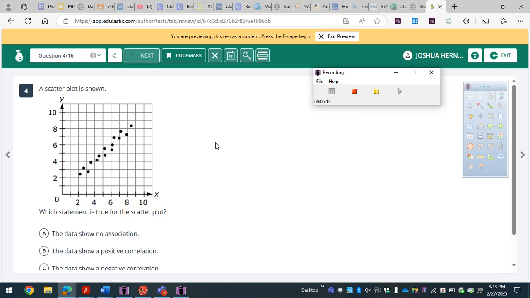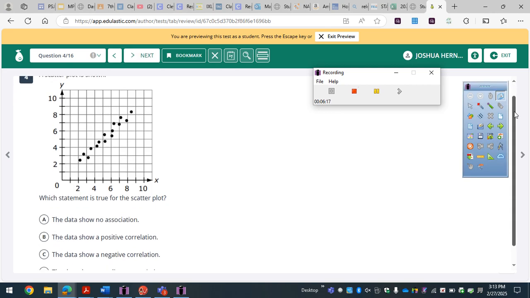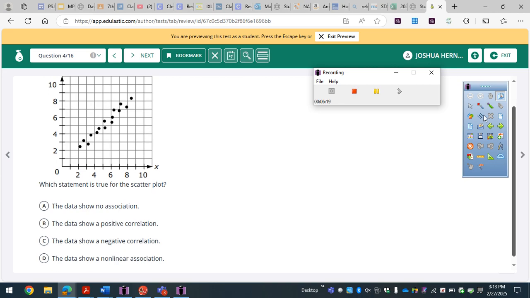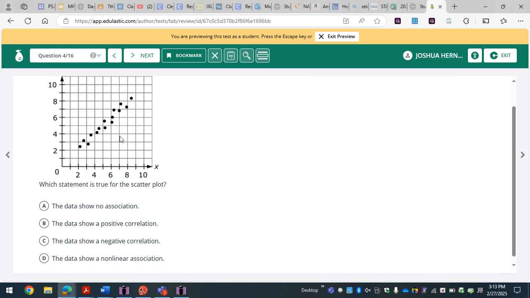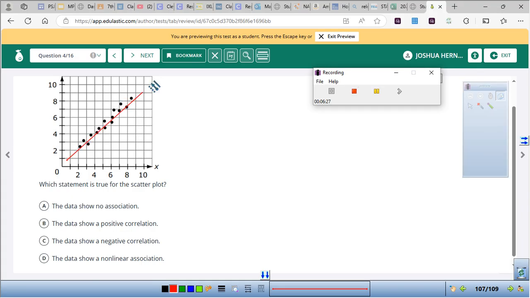Next question. Okay, this one right here. It's going to be this data, right? Scatter plot. It's acting like a line that goes like this, roughly like that. And it looks like no association. No, it looks like it's associating or acting around this line. So that one's going to be out.